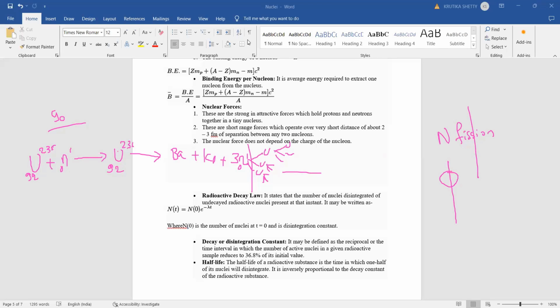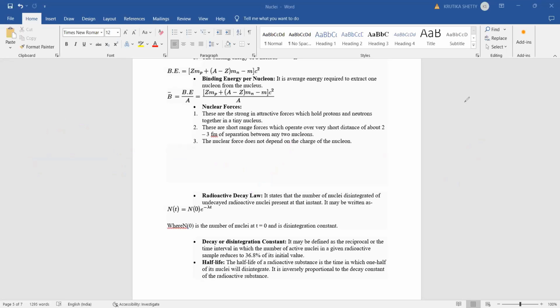Then the second one is nuclear fusion. What do you mean by fusion? Fusion means combining. In fission, the heavy nucleus is getting split into two nuclei. In case of fusion, small nuclei combine to form a big nucleus. This is called the nuclear fusion.